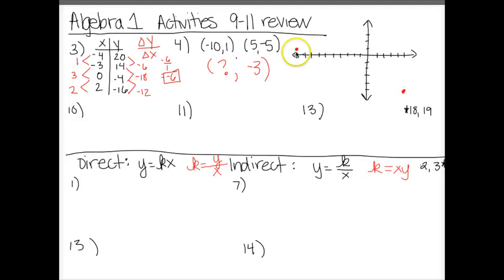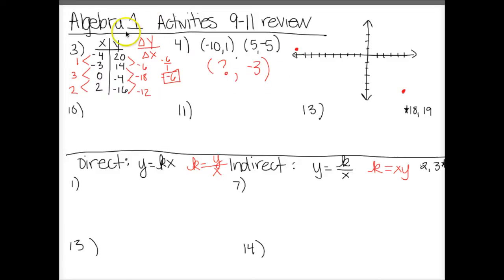Now, you can't just blindly connect the dots. If you're using graph paper and a straight edge, you certainly could. But the problem with a hand-drawn graph is it's not always going to be scaled exactly correctly. So if you just try to look for when y is negative 3, it might be off a little bit. In this case, I would suggest going ahead and calculating the slope.